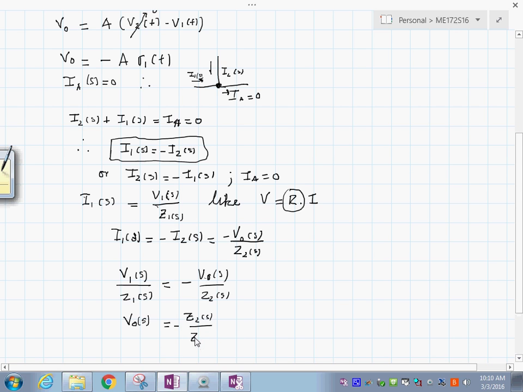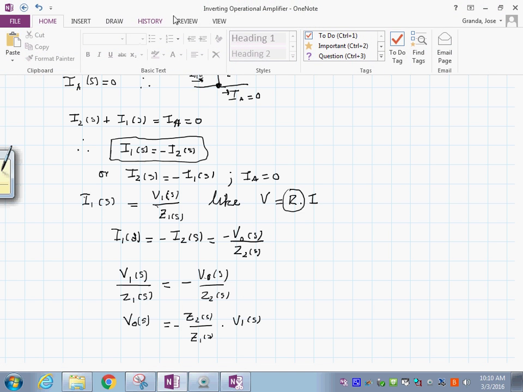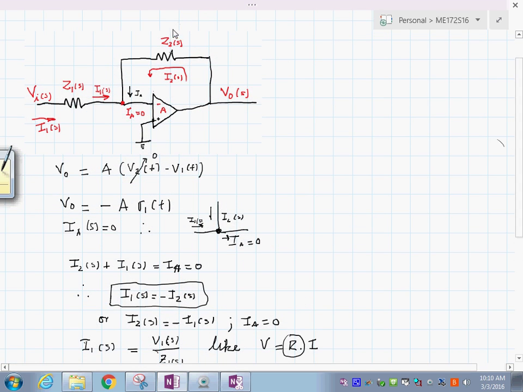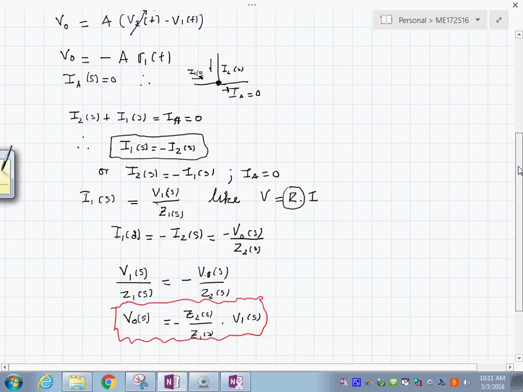By now you know the impedance here is R on this side, and the impedance here is also R. So if this is R1 and this is R2, for this particular circuit you can say that V output of S is equal to minus R sub 2 over R sub 1 times V1 of S.